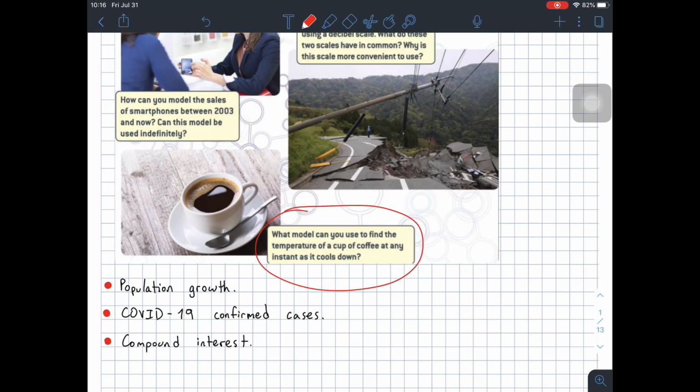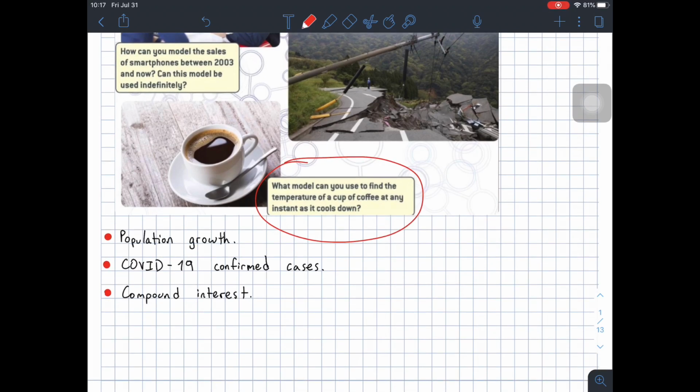You may have studied this in physics already, but you know that any object that has a temperature higher than the room temperature will decrease its temperature, but only up to the room temperature, unless some type of energy is inserted to the object, which makes it cool more than room temperature or get hotter more than the room temperature, right?